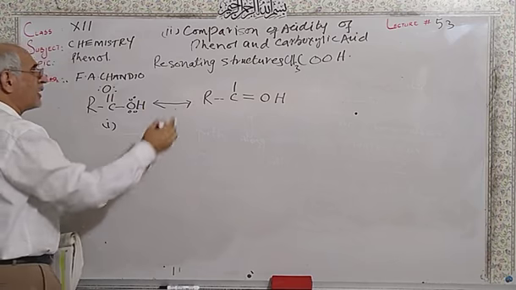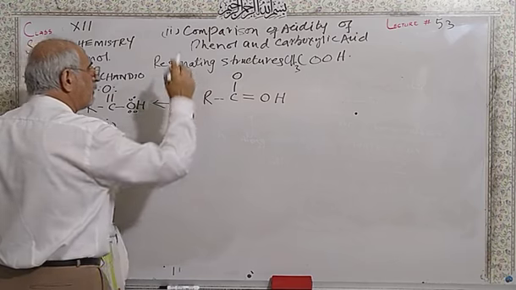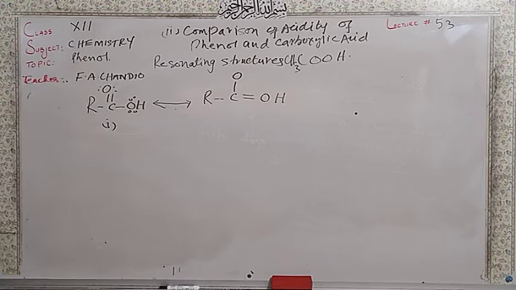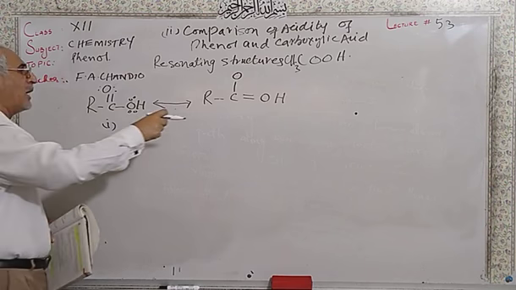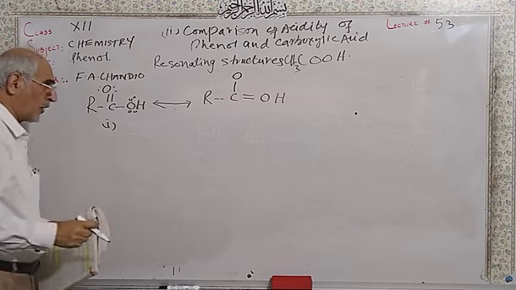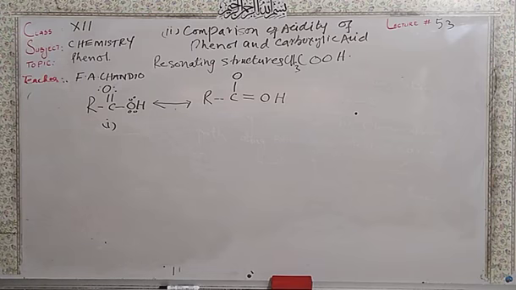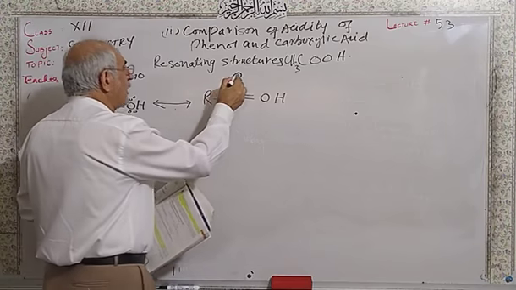So when you put the double bond between the carbon and oxygen with the hydrogen and remove the double bond from the other oxygen, the valency of both is not satisfied.